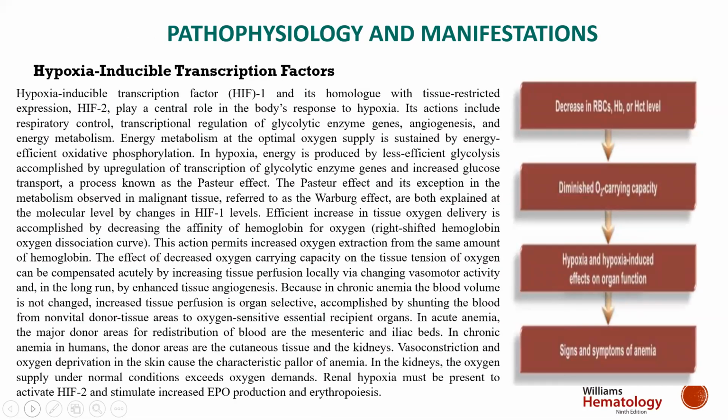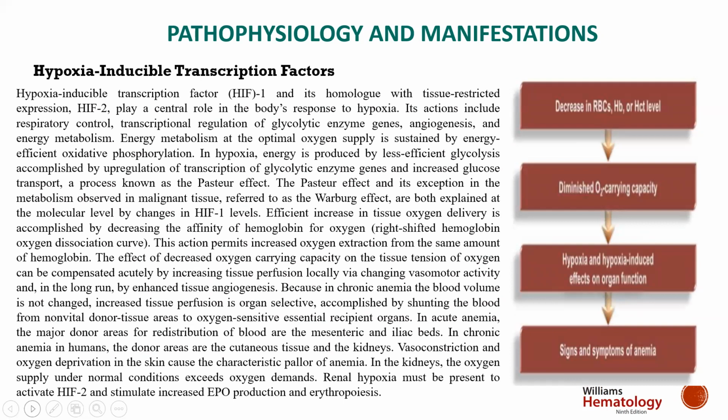Hypoxia-inducible transcription factor and its homolog with tissue-restricted expression play a central role in the body's response to hypoxia. Its actions include respiratory control, transcriptional regulation of glycolytic enzyme genes, angiogenesis, and energy metabolism.